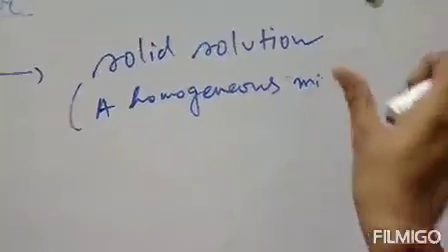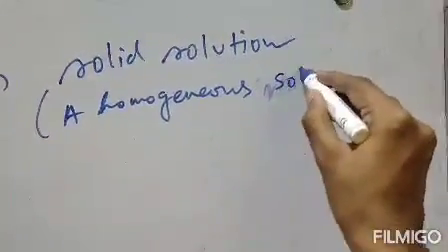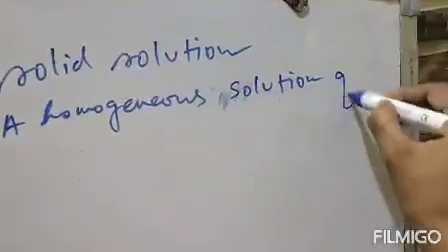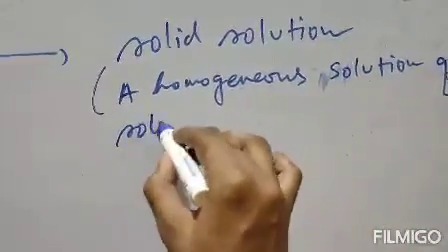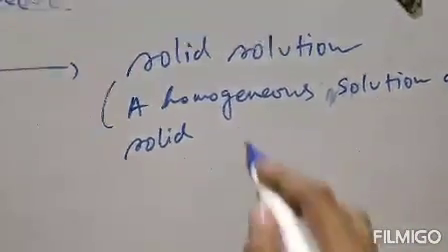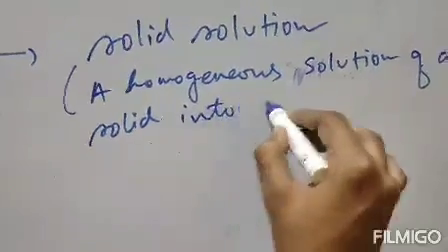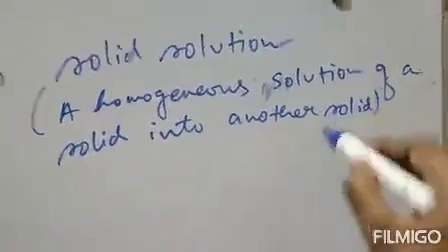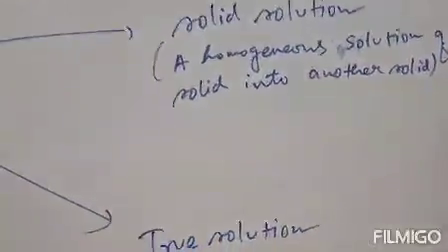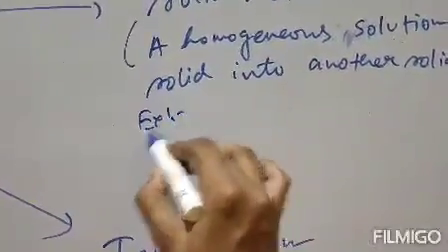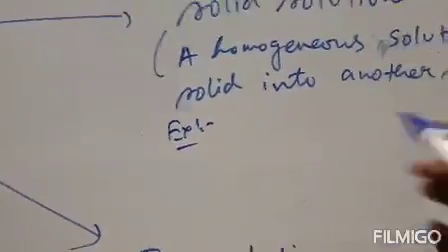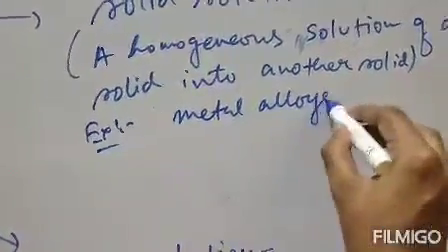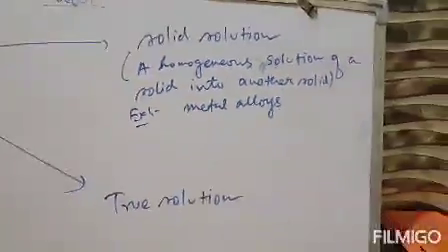That means it is a homogeneous solution of a solid into another solid. For example, a common example is metal alloys, where two or more solids are mixed together.